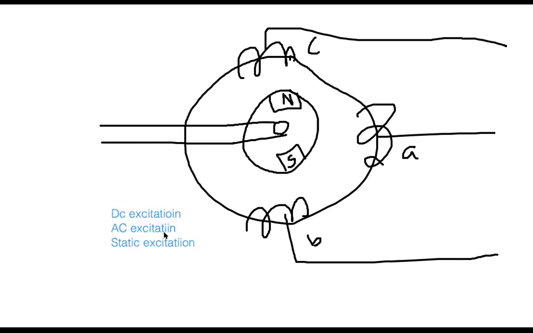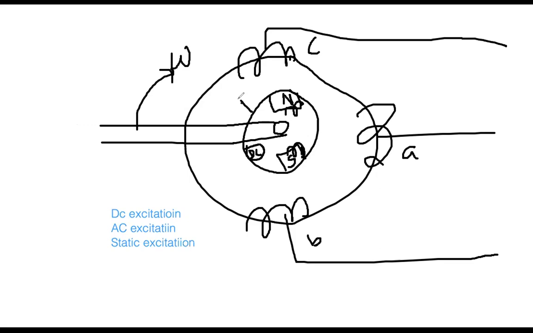Three types. So therefore, DC excitation, so everybody see, because this is the rotor, the magnetic field will be rotating with the help of the turbine and prime mover, whatever. So DC excitation means, of course, you will be providing the DC on the magnetic coils. There are coils here, North Pole, South Pole. And then DC excitation means you have a small DC generator here, that is also on the rotor circuit.